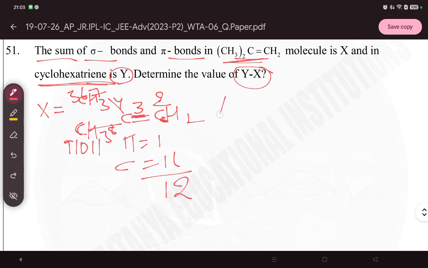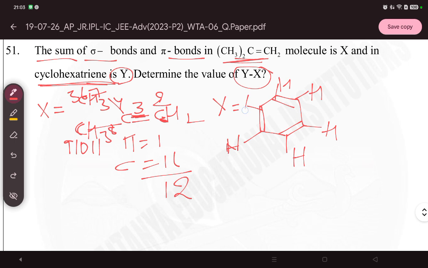And Y compound is cyclohexatriene. It is a cyclohexane ring and 3 pi bonds are there. For each carbon there is 1 hydrogen because 3 bonds appear in that compound, and for this carbon total pi bonds is equal to 3: first pi bond, second pi bond, third pi bond.